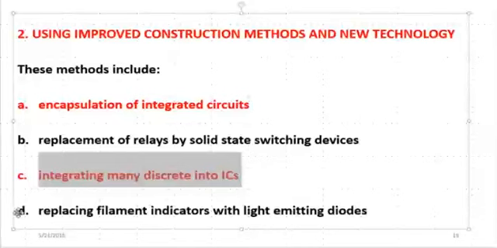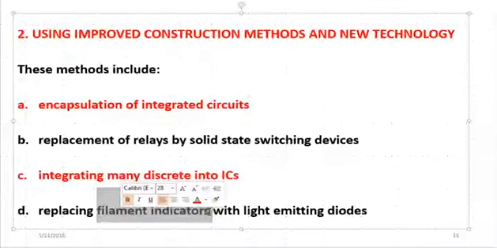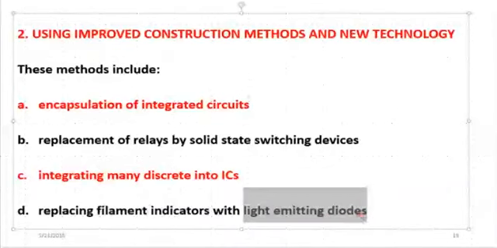And finally, we are replacing the filament indicators. Those filament lights have been replaced by light emitting diodes in such a way that they don't have any conducting filament that, when broken, means the indicator or the light has failed. These are light emitting diodes, they are solid state devices.